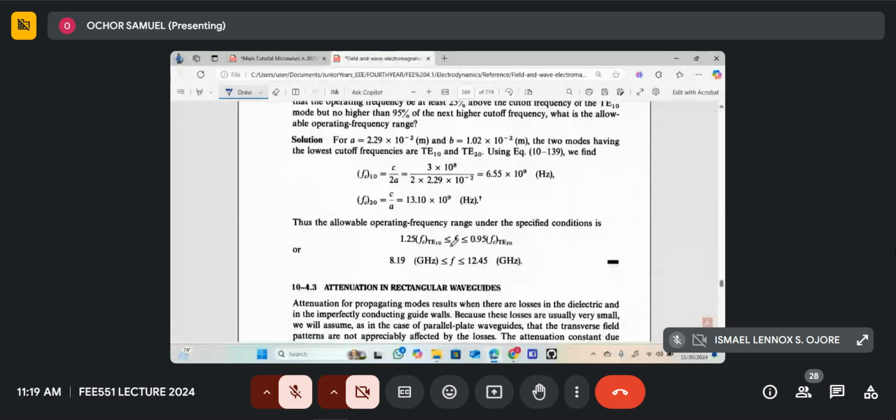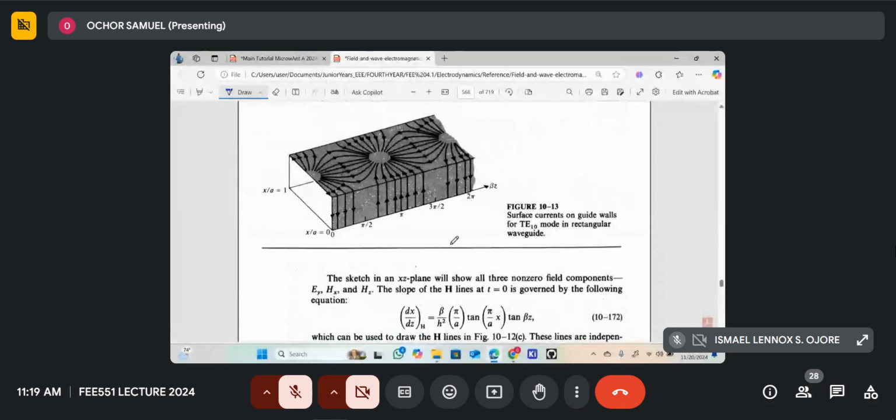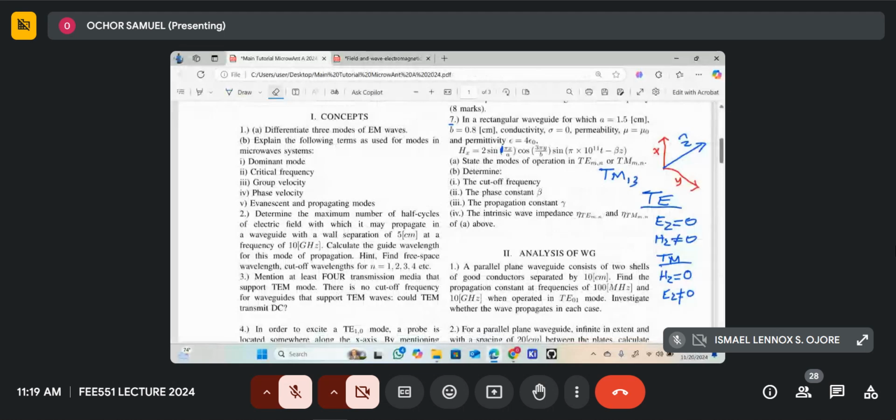Then I guess it's up to everyone to go and research for themselves so that you can understand properly. Yes, they both have the same expression for sin and cos. When you look at TE and TM, they both have sin x and cos y, so that's why they're both TE and TM13. Eriko, do you agree?